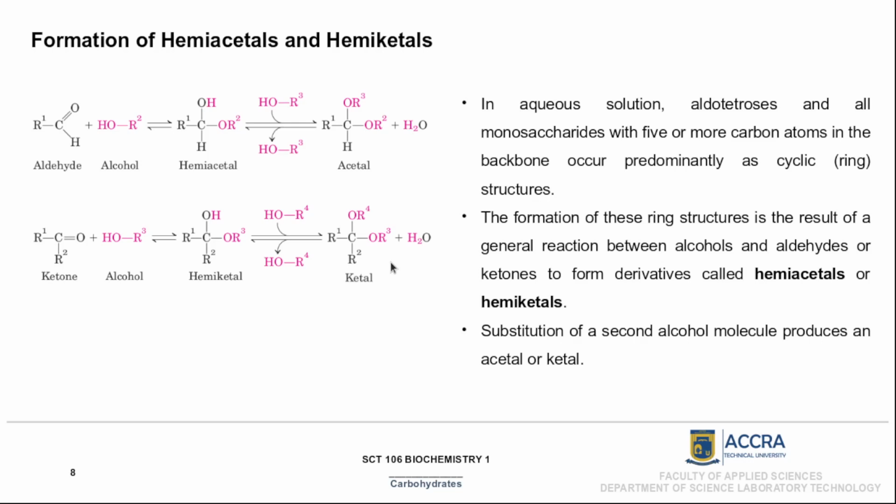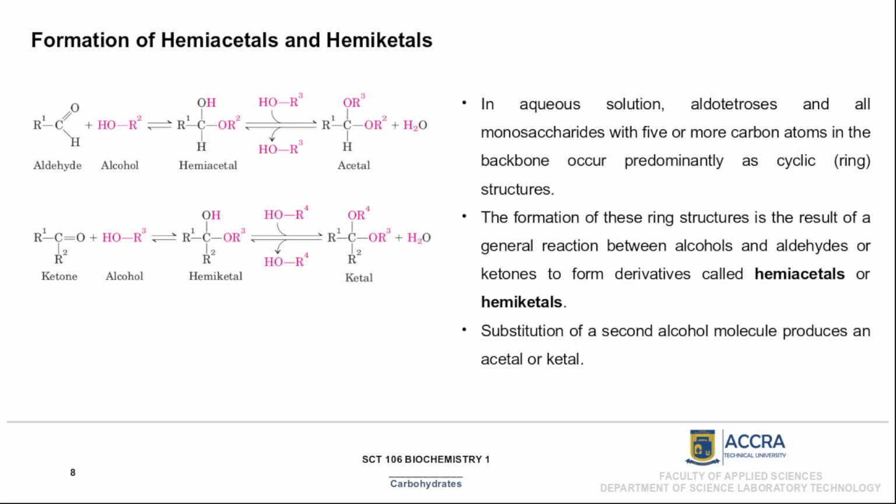Now, thus far, we have been looking at the structure of monosaccharides as open chain or straight chain molecules. But in aqueous solution, aldotetroses and all monosaccharides with 5 or more carbon atoms in their backbone occur predominantly as cyclic ring structures.